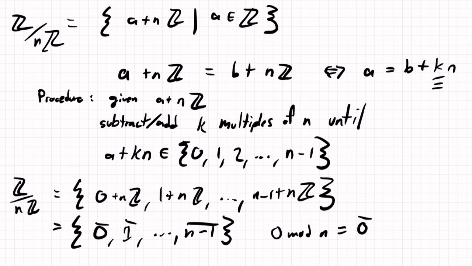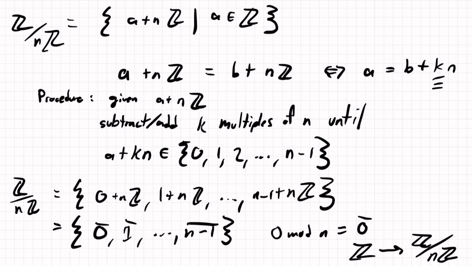What we can see is that when we add the equivalence classes, when we add the cosets, the addition is respected. That's reflected in the fact that, by the quotient construction theorem, there's a morphism from Z to Z mod nZ.